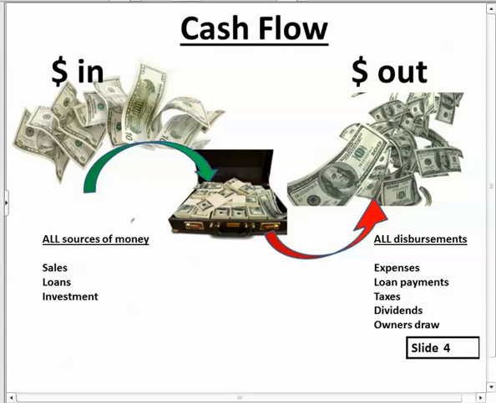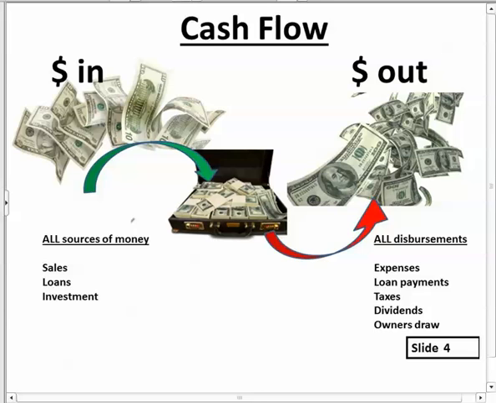And you're measuring all of your disbursements, which includes loan payments and anything else where the money's going out. So that's really functioning very much like your checking account. It's going to measure money coming in from all sources and money going out to all sources.